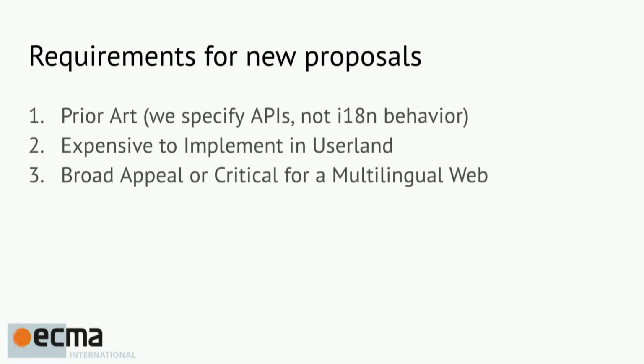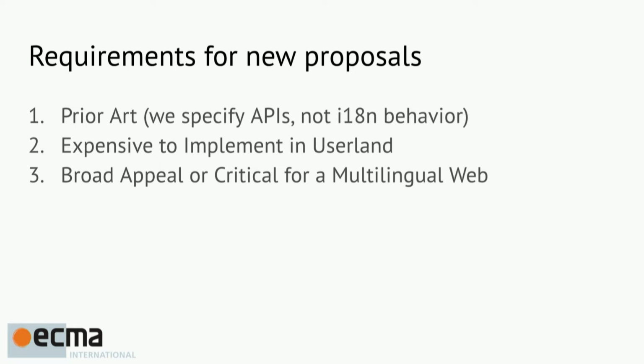An example for broad appeal is if you can demonstrate that a feature that you want to propose for ECMAScript is at least as useful as some other feature that's already in ECMAScript, then that's at least my personal line for, okay, is it important enough to add? If it's at least as useful as, say, relative time formatting, then okay, sure, we should consider it.